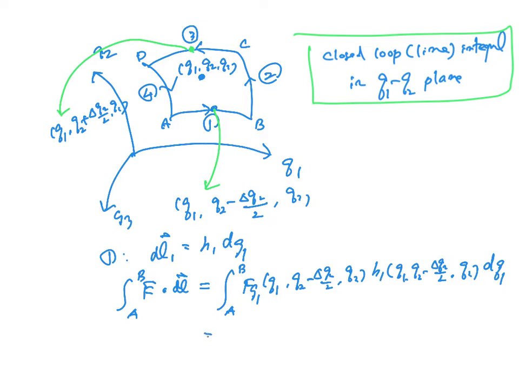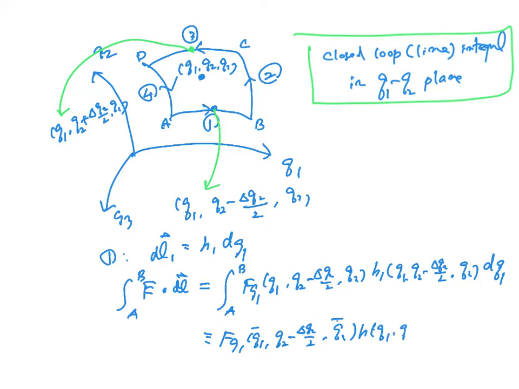So using the mean value theorem, we can say F Q1, Q2 minus delta Q2 over 2, Q3, H1, Q1. Actually, this must be Q1 bar, something like this, the average value.